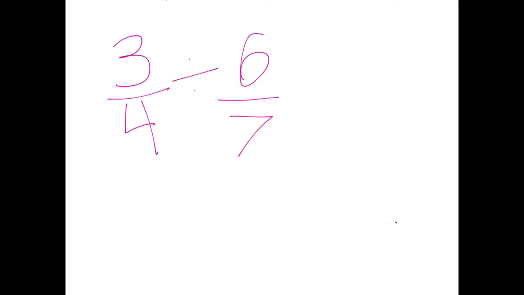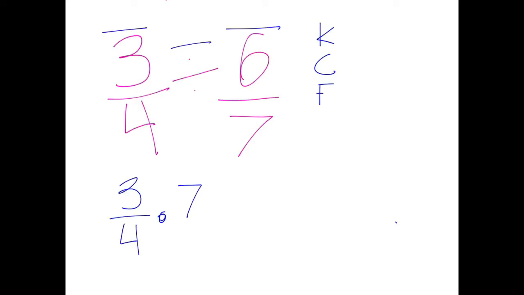Okay, so when you're solving this, you need to remember K, C, F. And with that, you keep this number, so it's going to be 3/4. Then you change this from division to multiplication, and then you flip these numbers, so it's 7/6.